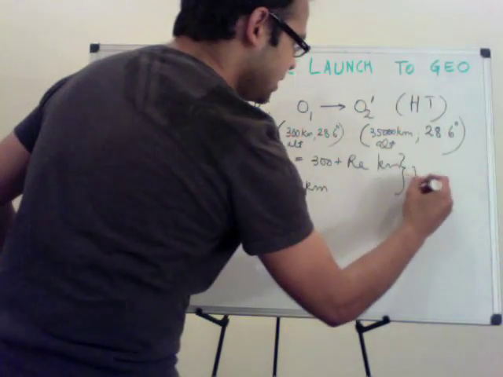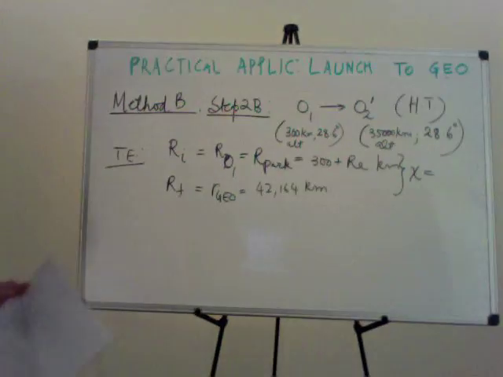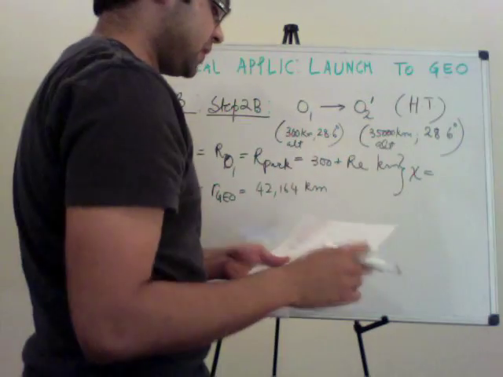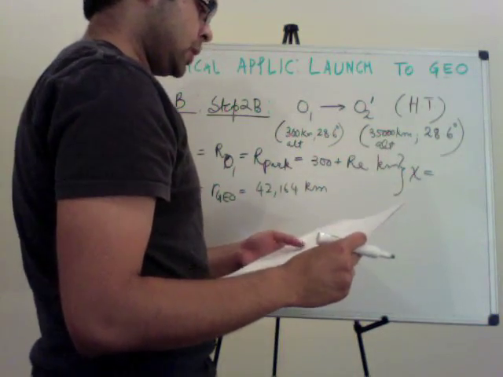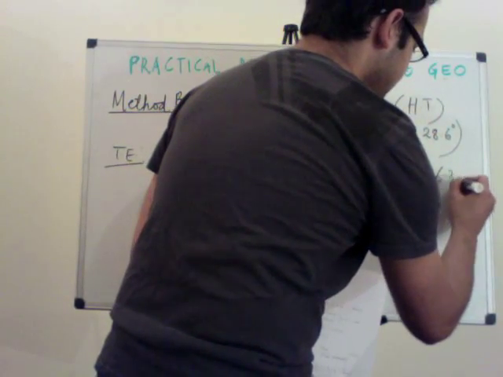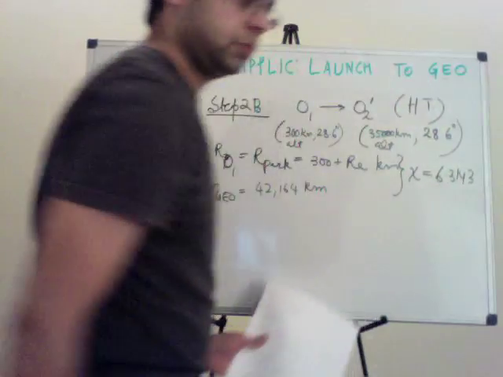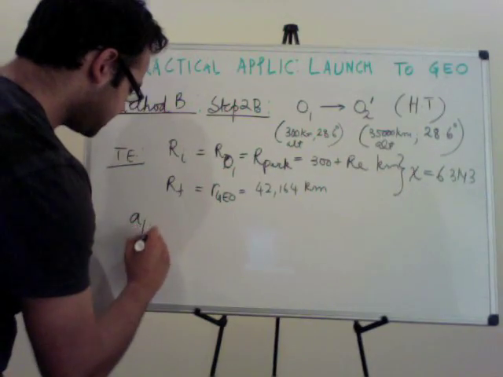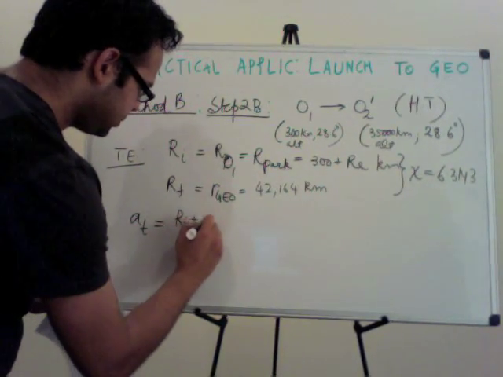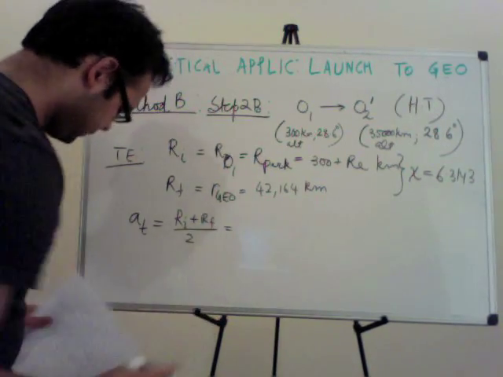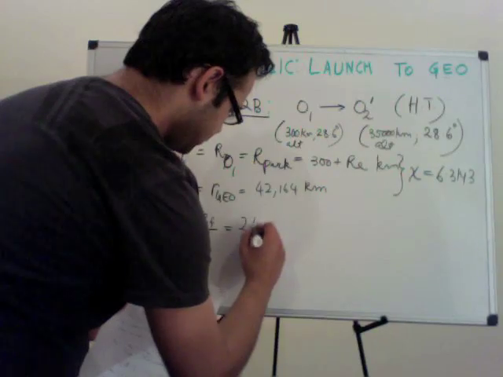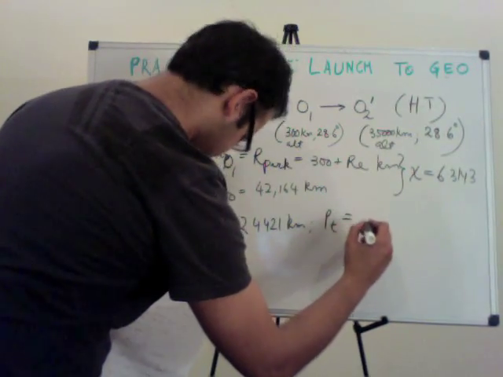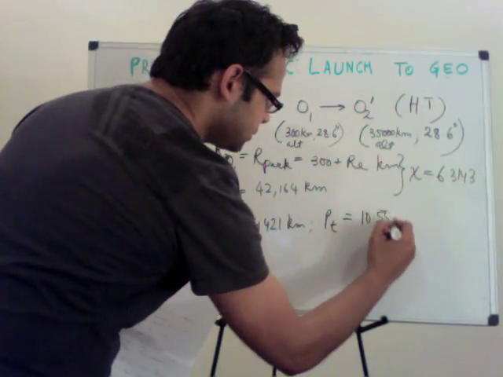This means that chi, like we argued earlier, is the same as step 3 of method A, 6.3143. And so for the transfer ellipse, everything is the same. AT, the mean, is 24,421 kilometers, and the period is 10.55 hours.